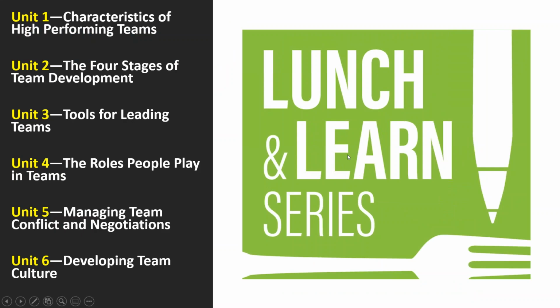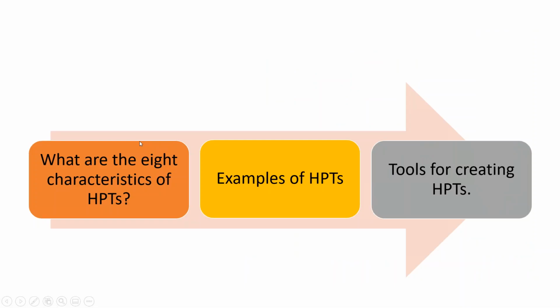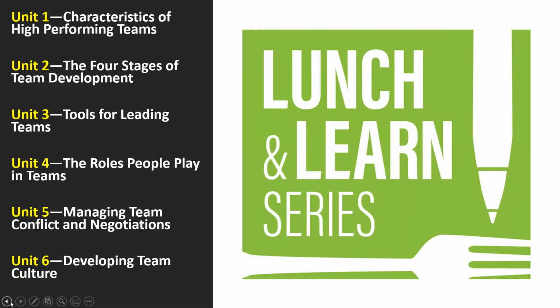So what you can see on your screen now, of course, is the units that we've covered in the Lunch and Learn, and you'll notice they're a little bit out of order. The characteristics of high-performing teams, which was essentially going to be Unit 1, is now Unit 6, I guess, but basically we've gone through a fair bit of territory over the last couple of months, and I hope you've had an opportunity to apply what you've learned and tried a few things, and really, if you have tried a few things, you're probably getting some serious benefits from the program already.